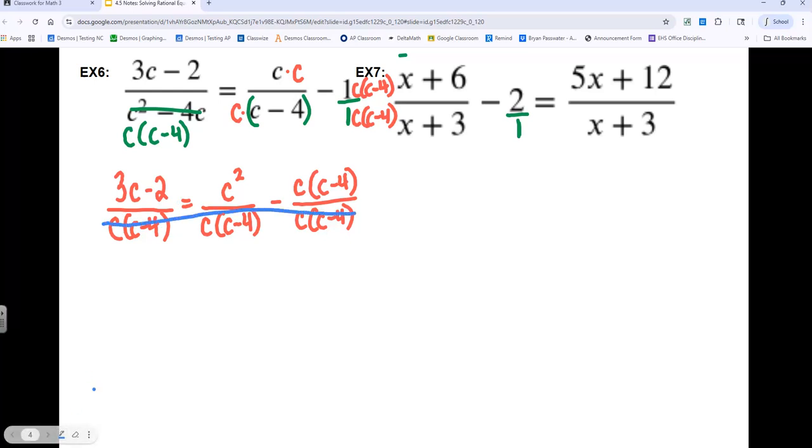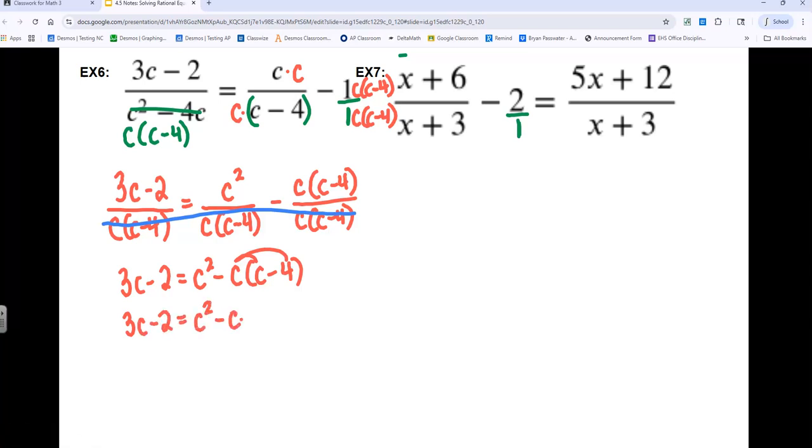So here's what I'm looking at now. 3c minus 2 equals c squared minus c times c minus 4. This c right here could get distributed. Okay, this looks like a quadratic, but what's going to happen when I've got c squared minus c squared?